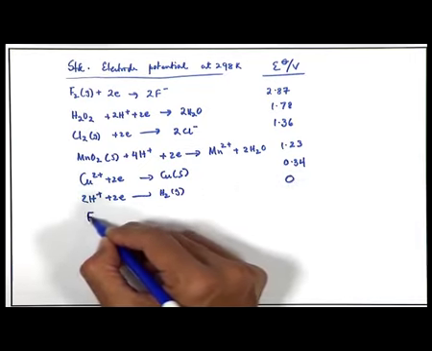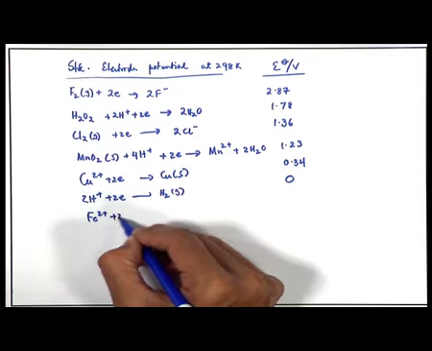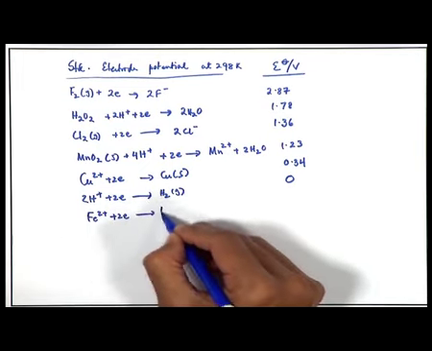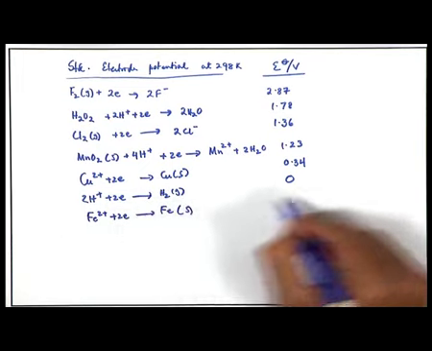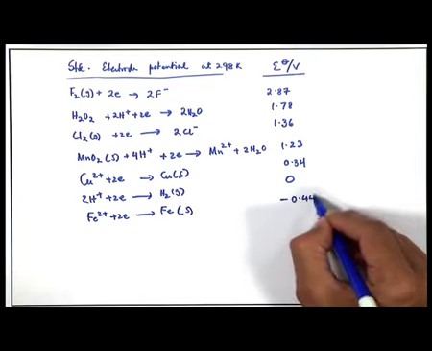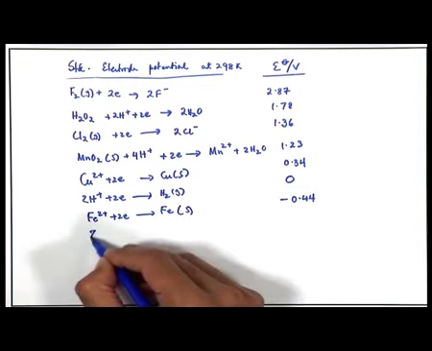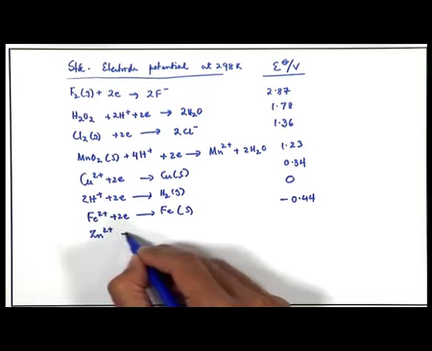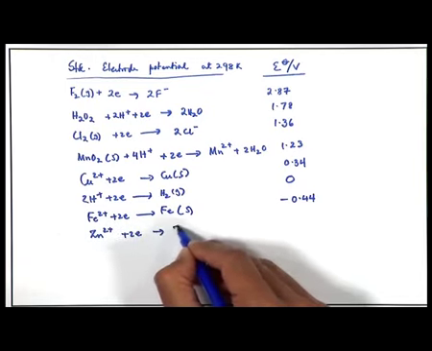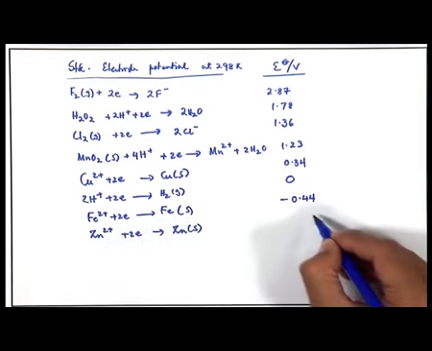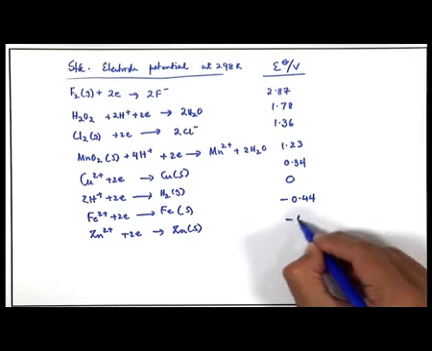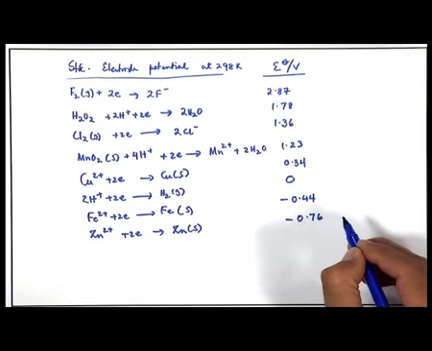Fe2 plus plus 2 electrons gives Fe solid, it is minus 0.44 volt. Zinc 2 plus plus 2 electrons gives zinc solid, it is minus 0.76.